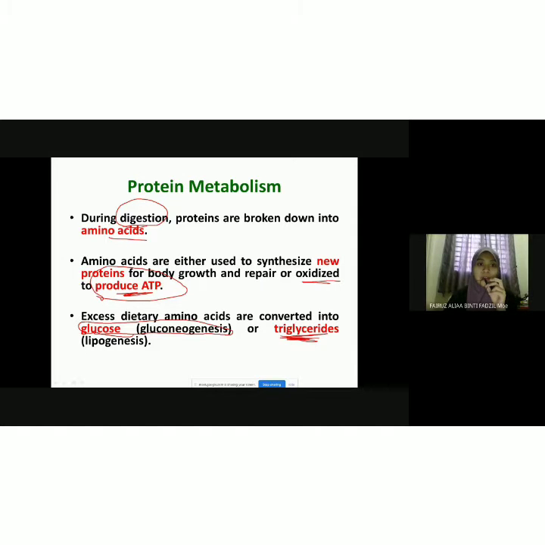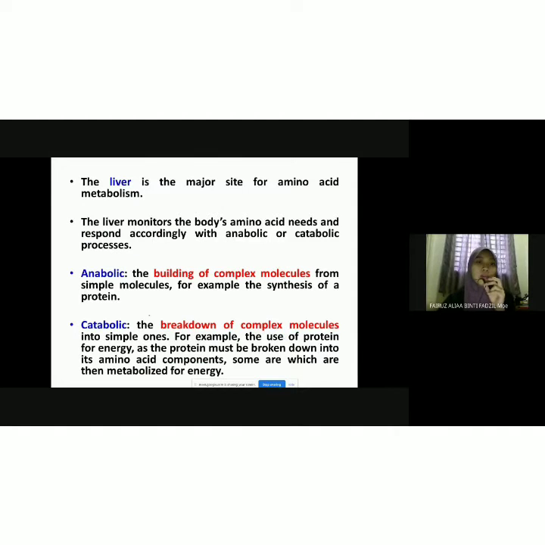So now we want to focus on the liver, because we are learning the structure of the liver. We want to focus on the function of the liver for the metabolism of amino acids. We have two, anabolic and catabolic. Anabolic is the process where we build up from smaller molecules to big molecules. For example, the formation of proteins from amino acids is anabolic.